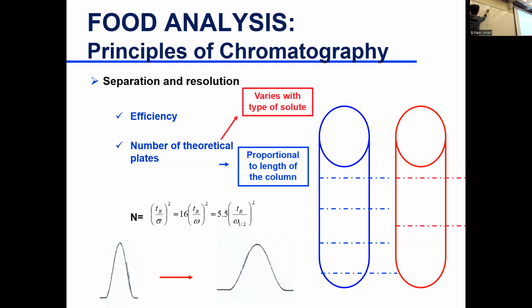So the bands, as they go in, they start separating. And as they diffuse, if they stay tight bands and they don't spread out, you get a really nice sharp peak. Over time, you're going to lose efficiency.